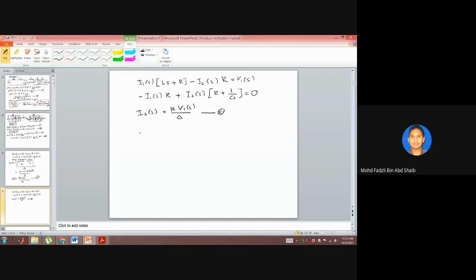So determinant equal what? Determinant equal LS plus R, minus R, minus R plus 1 over CS. This is how we need to find the determinant.